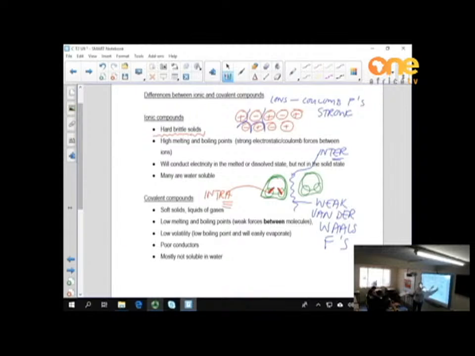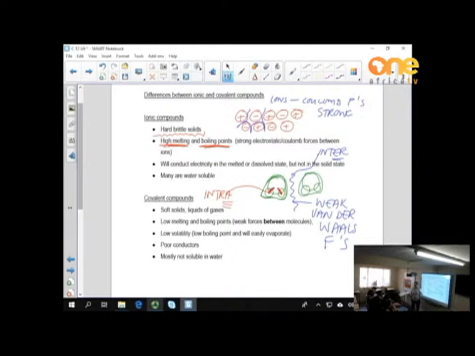If there are strong forces between the particles and I want to try and make that solid melt, I'm going to need lots of energy to give the particles enough energy to vibrate far away from each other to overcome the forces. So we find then that ionic compounds have high melting and boiling points.